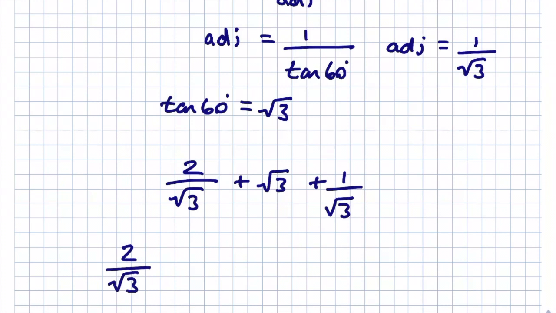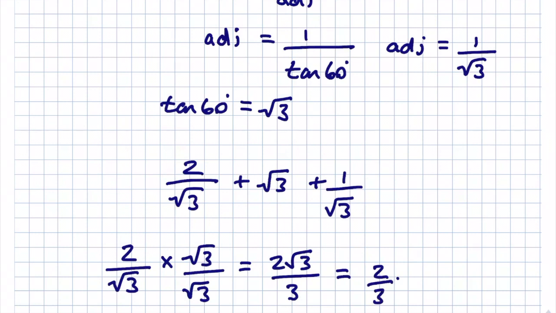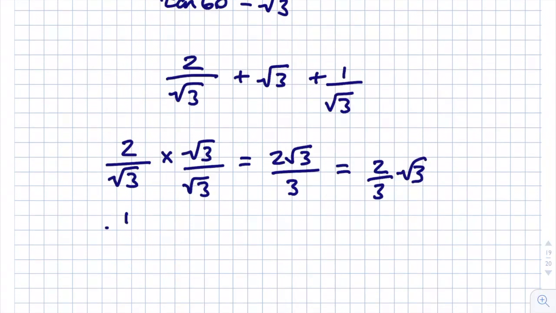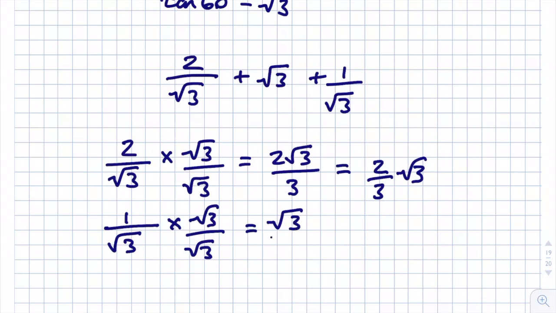So 2 over root 3 we can multiply by root 3 over root 3. So we get 2 root 3 over 3, which is 2/3 of root 3. 1 over root 3 times root 3 over root 3 equals root 3 over 3, which equals 1/3 of root 3.